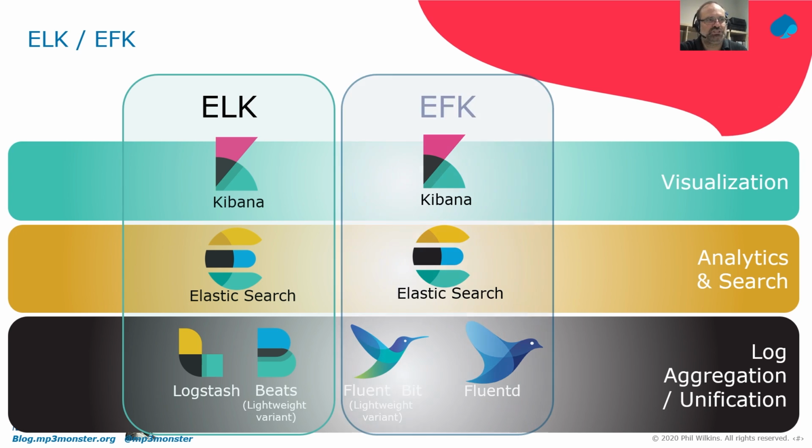Compare that to what's sometimes referred to as the EFK stack, which is actually becoming more prevalent in the last sort of 18 months, and that uses Fluentd rather than Logstash, and Fluentbit, which is Fluentd's baby brother, and is a bit like Beats in so far as it's a very, very small footprint.